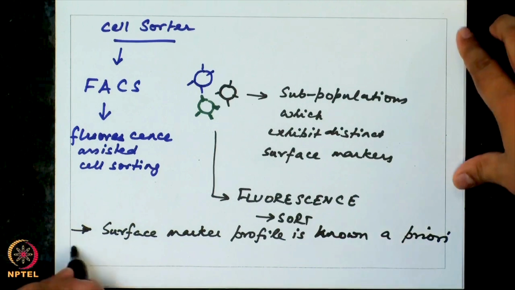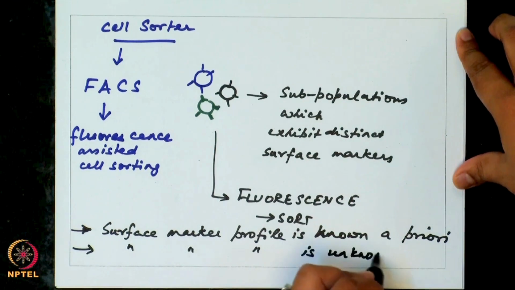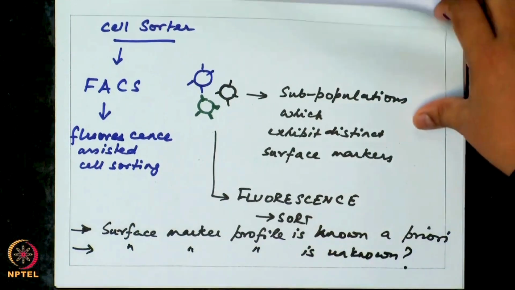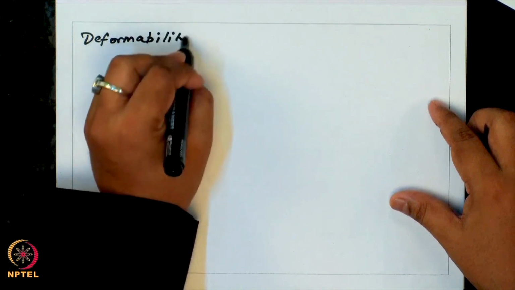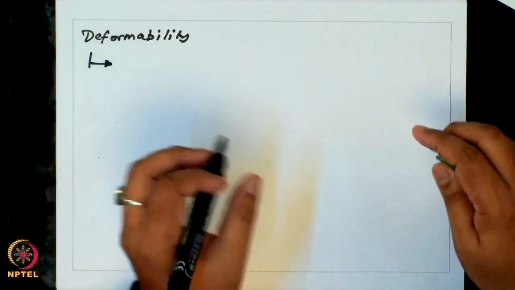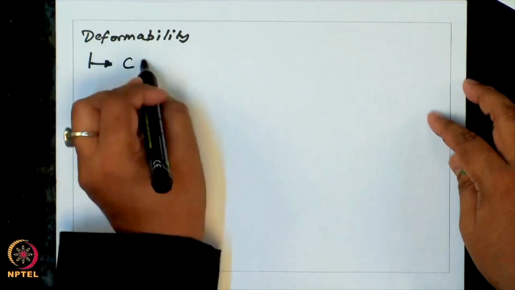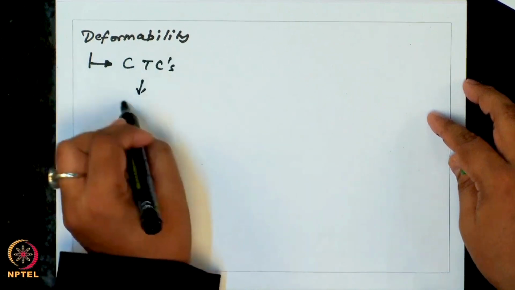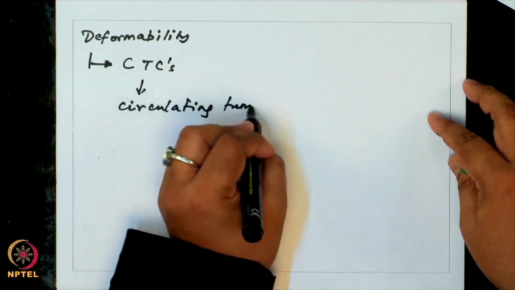Okay. But what if your surface marker profile is unknown? Instead, what you perhaps have is information pertaining to their deformability. So, as an example, we know in cancer, there is a population of cells called CTCs, which is short form for circulating tumor cells.